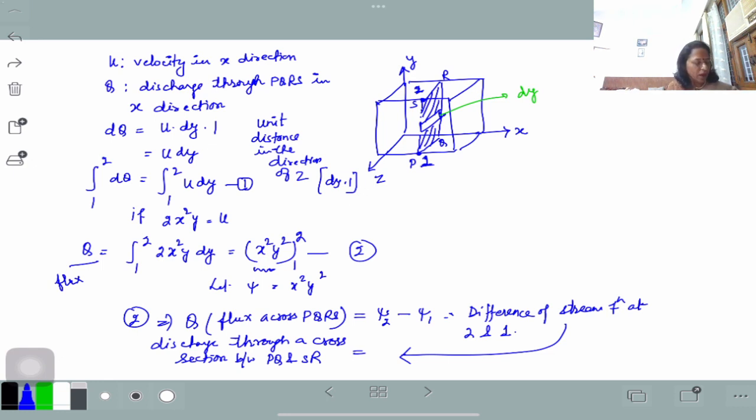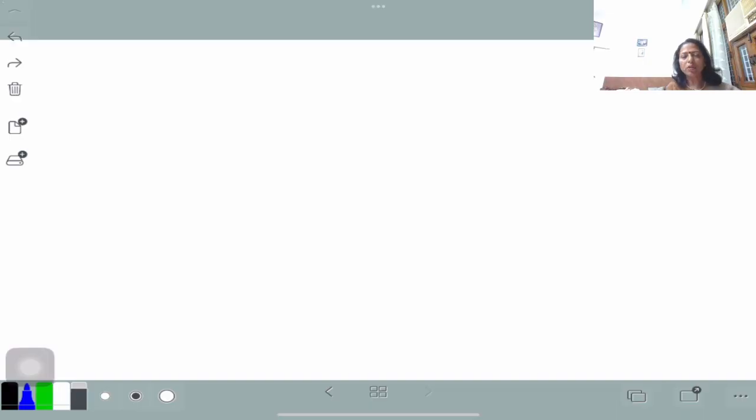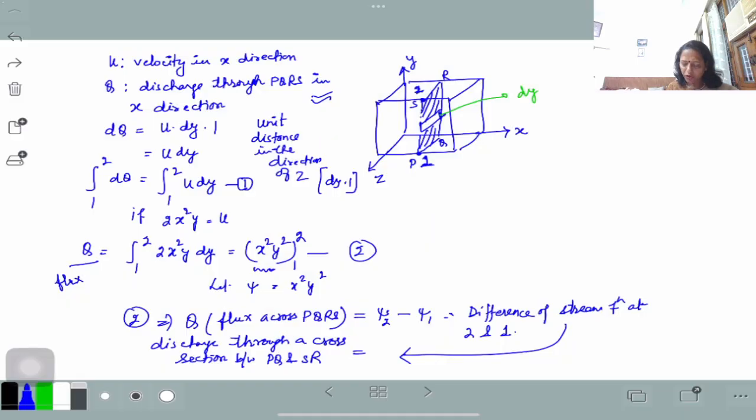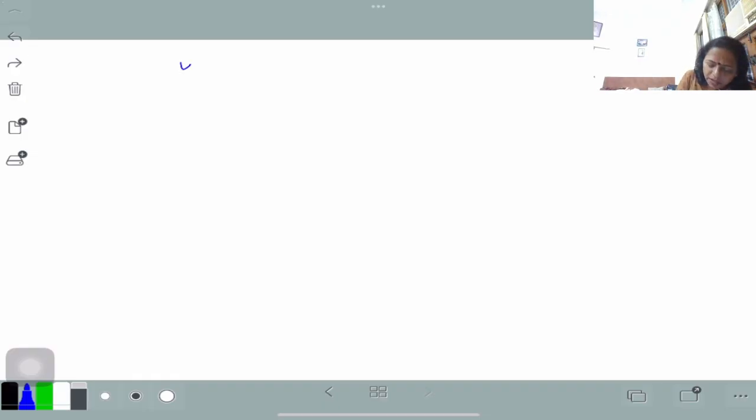So if I talk about this in x direction, right, which I have used, it is in x direction. If I talk about the value of stream function in y direction, or you can say if I define psi u, psi u is representing its relation with the flux in x direction.